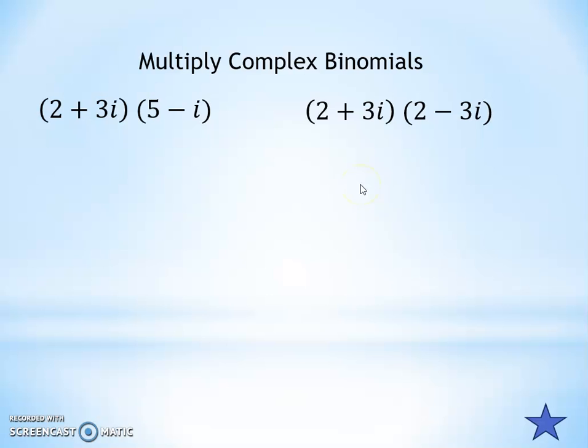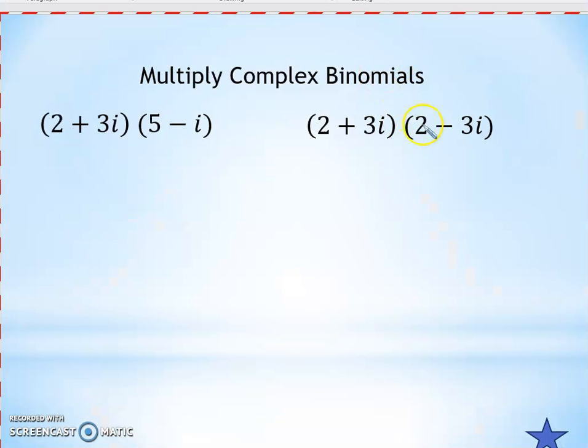And I just want to show you one that's a special trinomial. So when we FOIL here, if those of you that know how to FOIL, you could use the box. So you can always use the box. So we would multiply the 2 by the first term and by the second term in that back parentheses. Then we would do the same thing with this second term. We're going to multiply the 3i by the 2 and by the last term, negative 3.